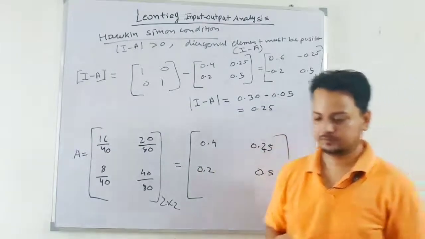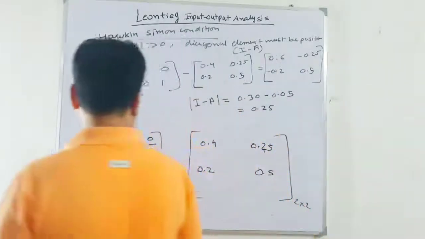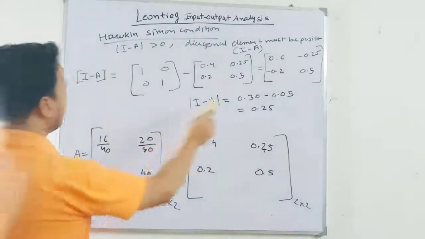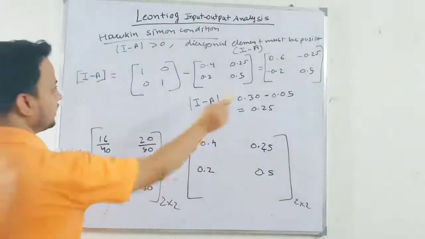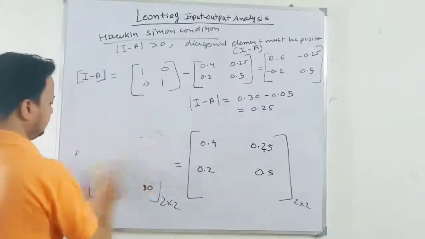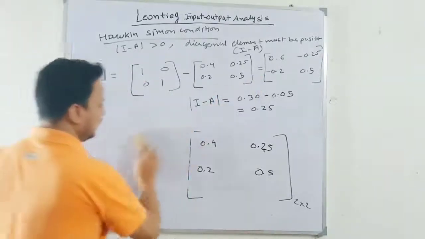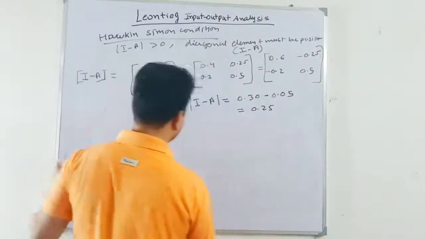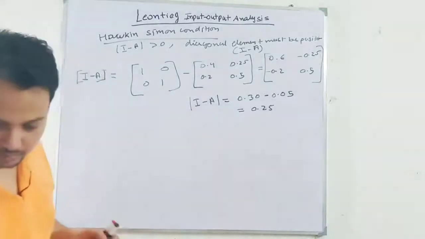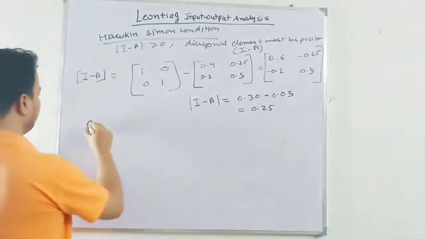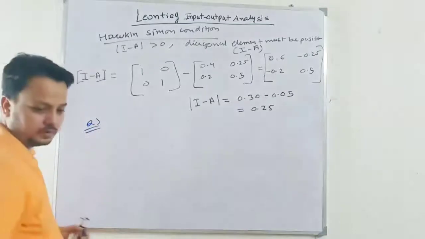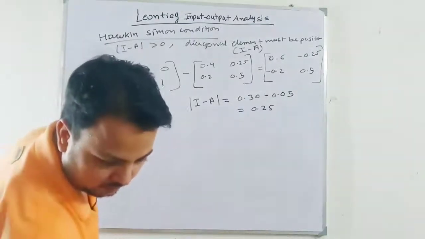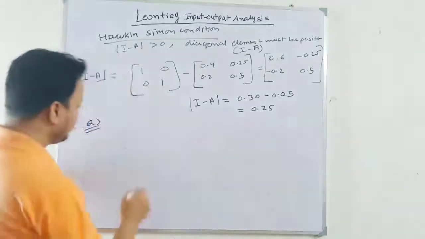Now we have taken out the I minus A matrix. Now they are saying that there is a change in final demand. So the final demand of both industries changes.